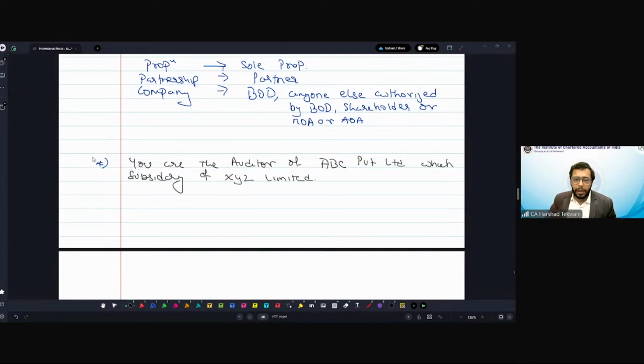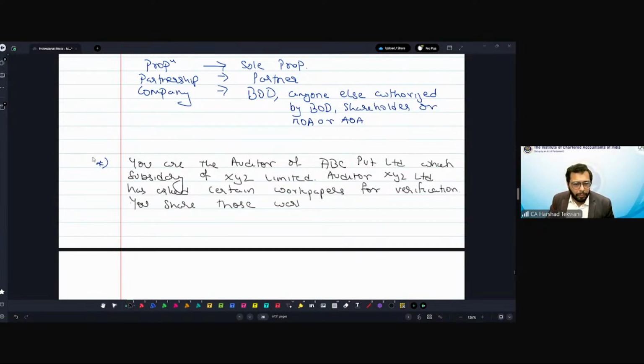Auditor of XYZ Limited has asked certain work papers for verification. You share those work papers to them. Now tell me whether you will be held guilty of professional misconduct or not.